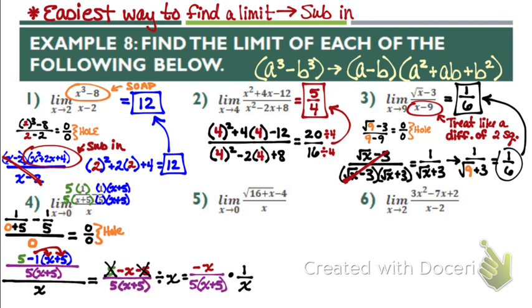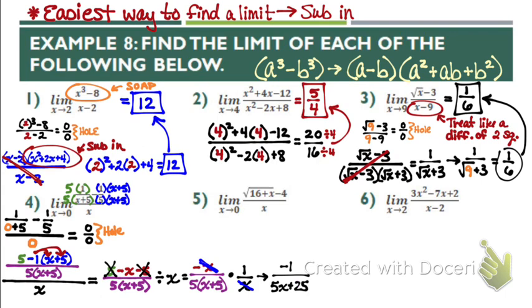I'm multiplying by the reciprocal. What's going to happen? My x's cancel. There's my hole right there. So I have negative 1 over 5x plus 25.